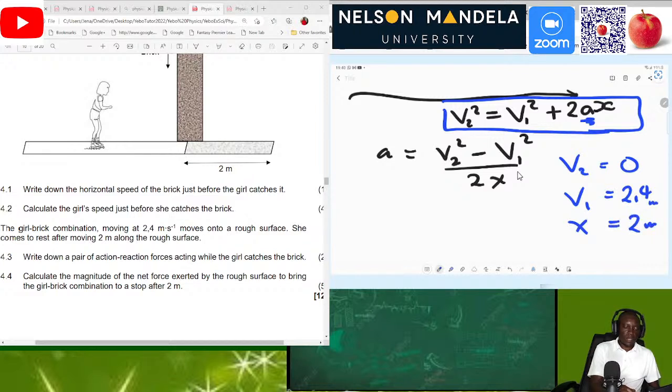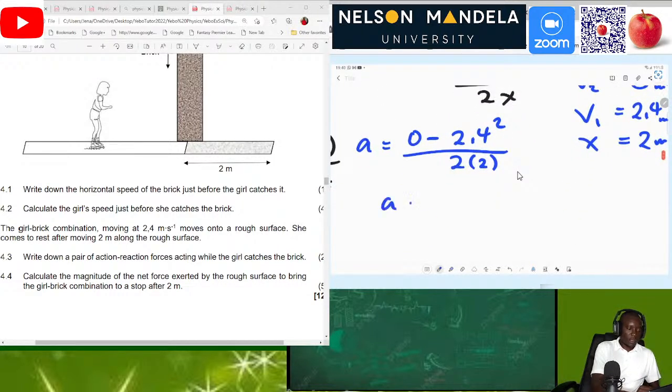So this is meters per second. And with all those parameters, it means a equals 0 minus 2.4 squared over 2 times 2.